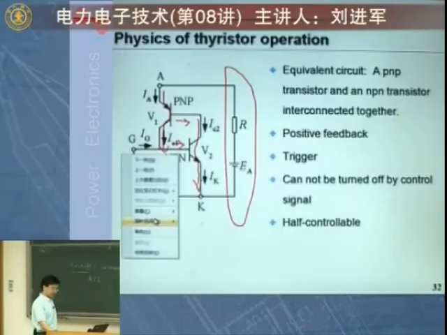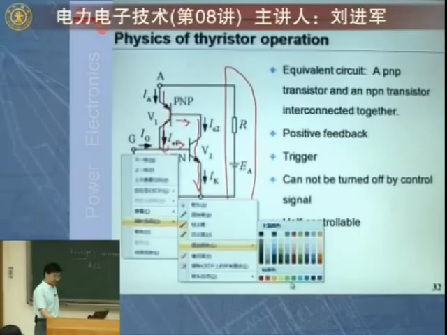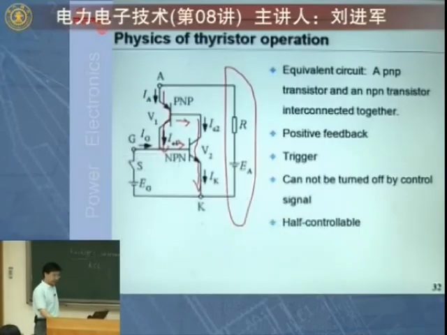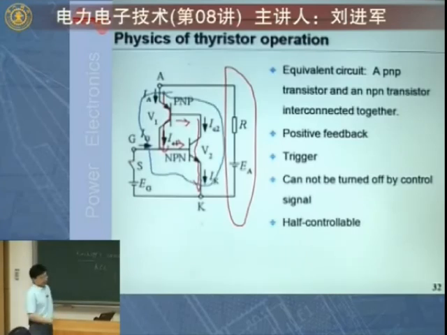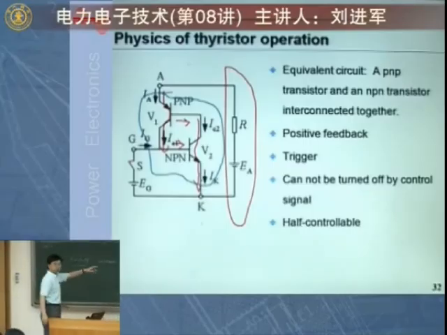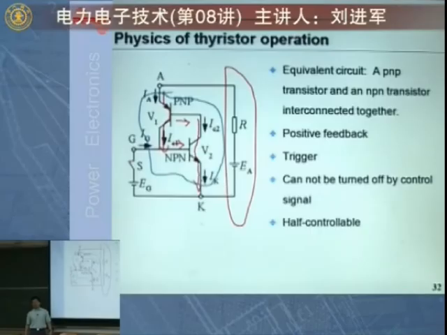Okay, if you look at this circuit here, let's change to another color. If you draw a closed circle in this way, then you can understand that these are the three currents flowing through this circle.